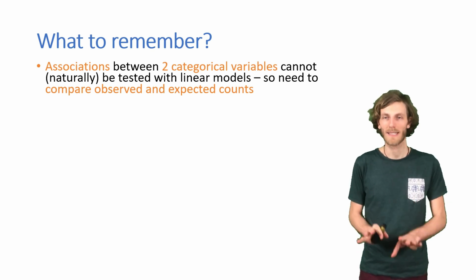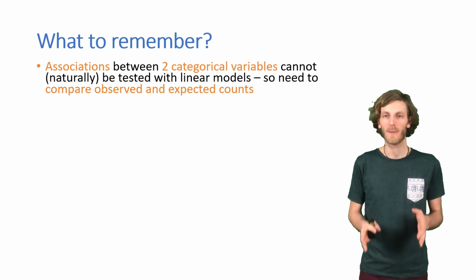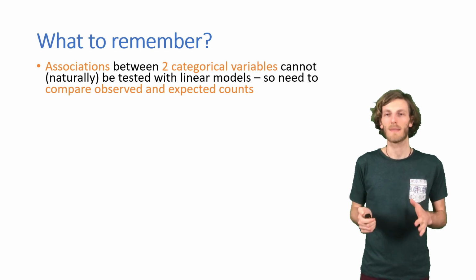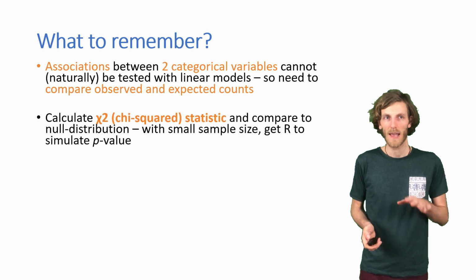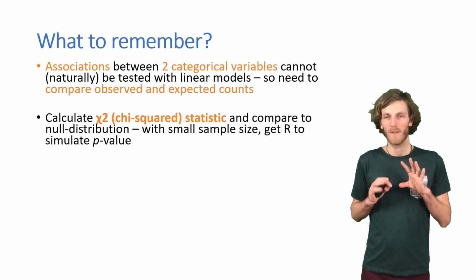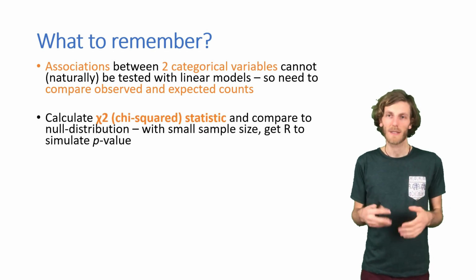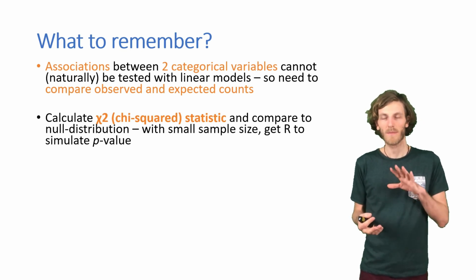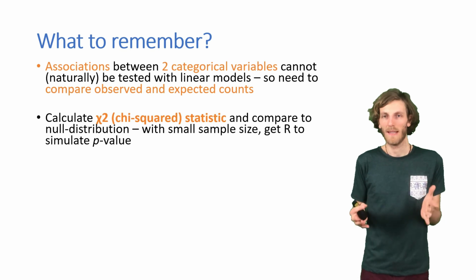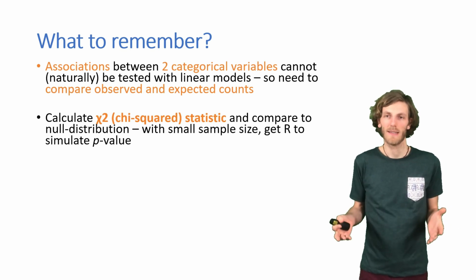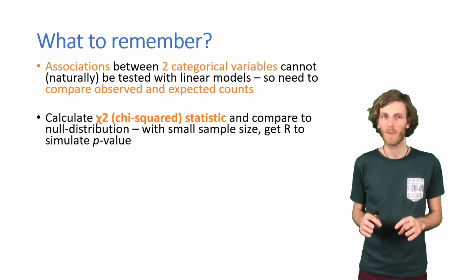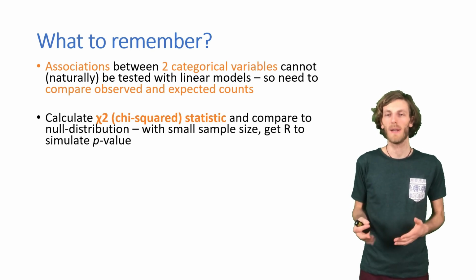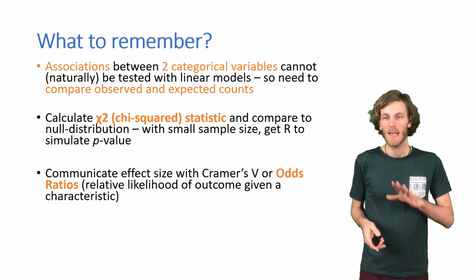But in reality, let's treat them as a separate way of answering this particular statistical question. To do that, we need to calculate this chi-square test statistic and compare it to the null distribution. We can use the chi-square test function in R and with a small sample size, in particular, we need to simulate the p-values.